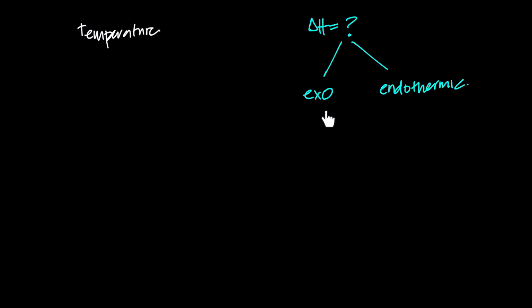Exo and endothermic. Do you remember that, guys? And exothermic reactions are, that's something that you got to remember, exothermic reactions are hot and endothermic reactions are cold. Exo is hot, endo is cold. You guys remember that, right?